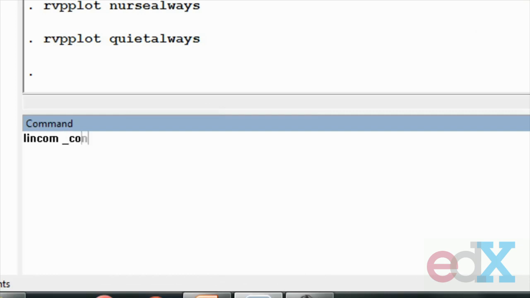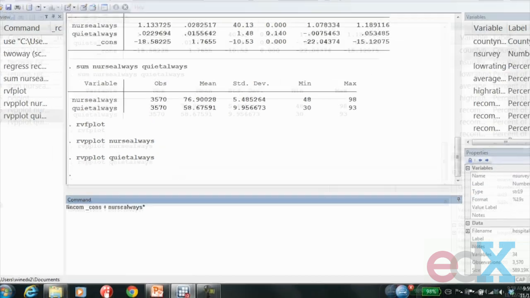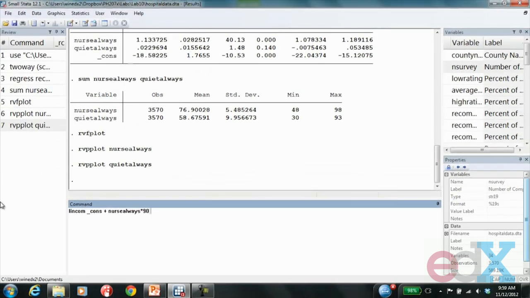So it would be alpha, or underscore constant, plus nurse always, which is beta 1, times the value of x1, which is 90, plus quiet always times the value of x2 for this new hospital, which is 70.